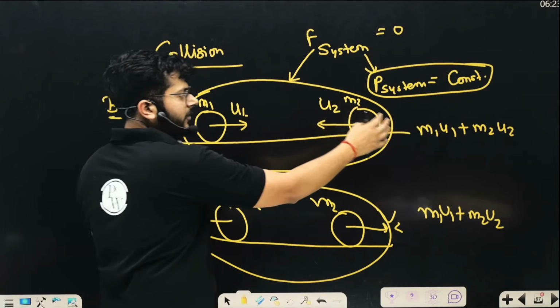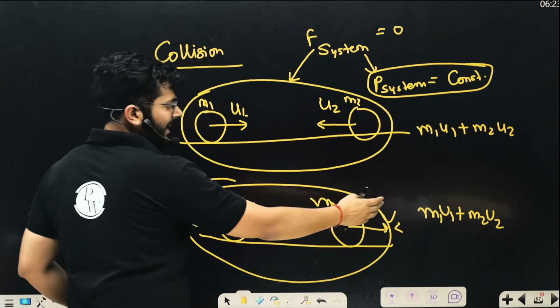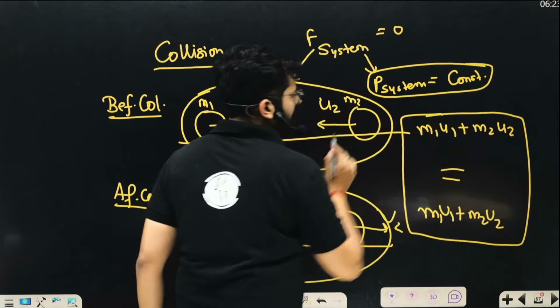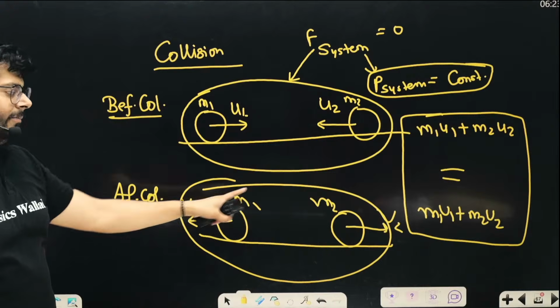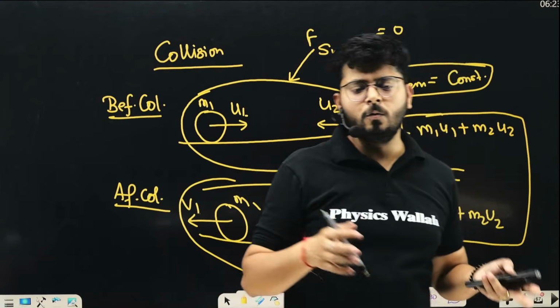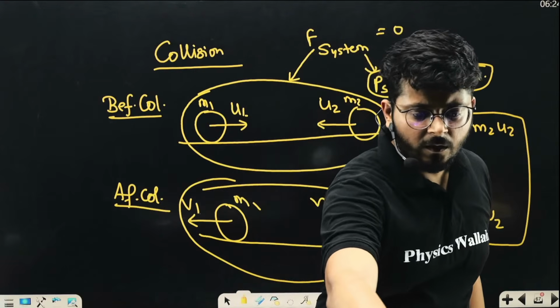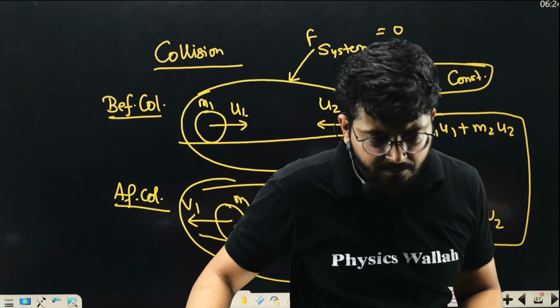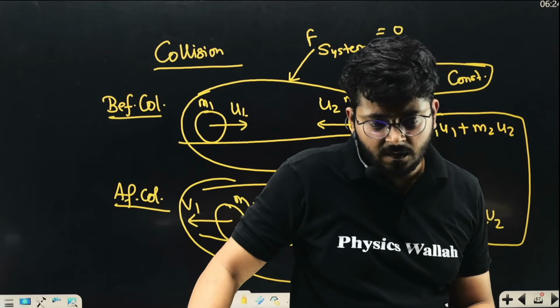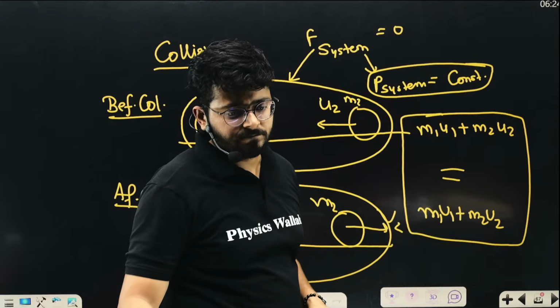Whatever momentum we had initially, the same momentum we will have after that. So these two things are going to be same: m1 u1 plus m2 u2 is the same as m1 v1 plus m2 v2. This is how you apply the law of conservation of momentum in collision, right? I hope the idea is very, very clear.